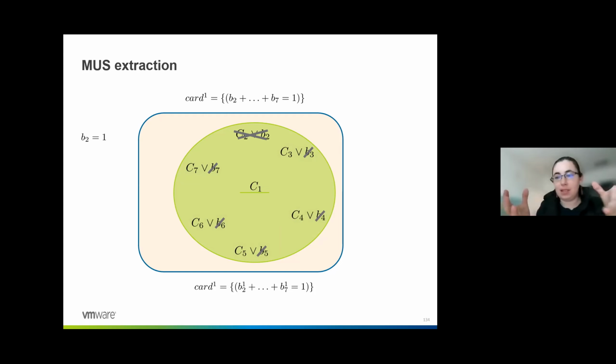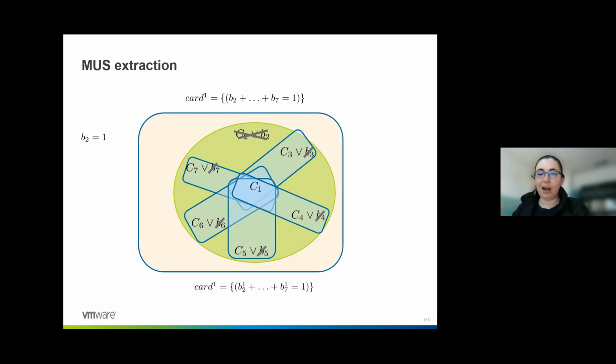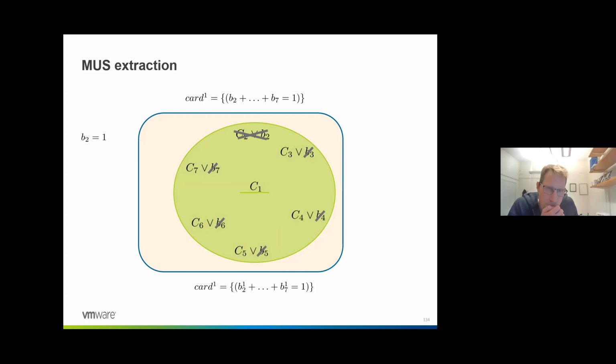But from the solver's point of view, I get this subset, I try to minimize, and I got 1. I don't know if there are others, or maybe there are no others.